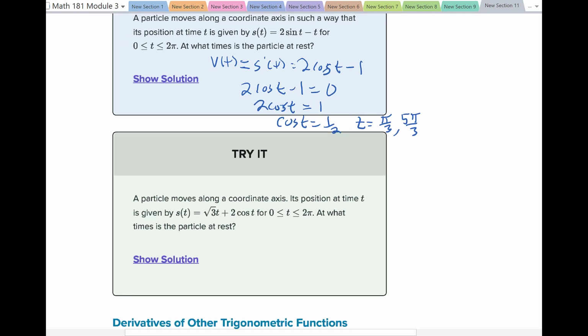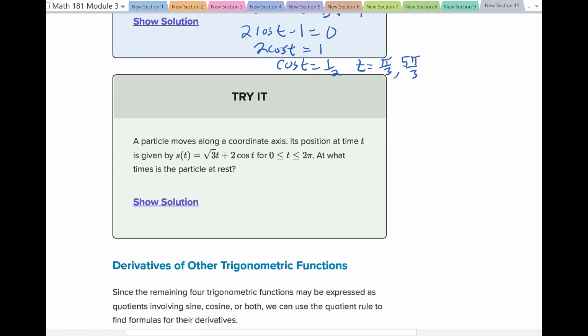Okay, same kind of thing here. A particle moves along a coordinate axis and its position at time t is given by s of t equals the square root of 3 t plus 2 cosine t. So again, our velocity at time t is the first derivative of the position function.